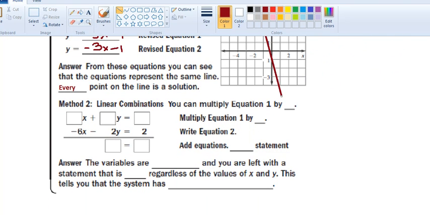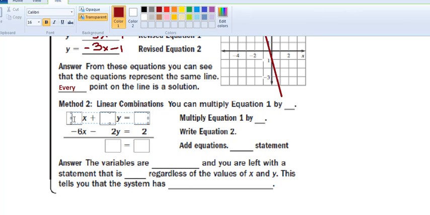Now, had you done it with linear combinations and you multiplied the top equation, left the bottom one alone, here's what you would have seen. You would have seen that this came out to a positive 6x, this came out to 2y, and this came out to negative 2.